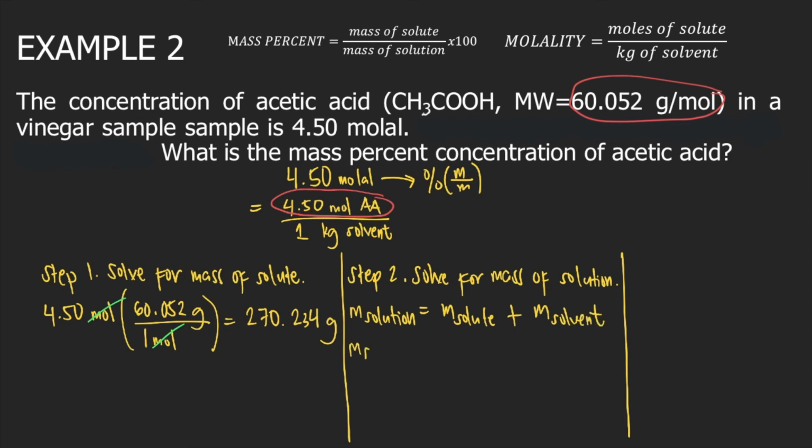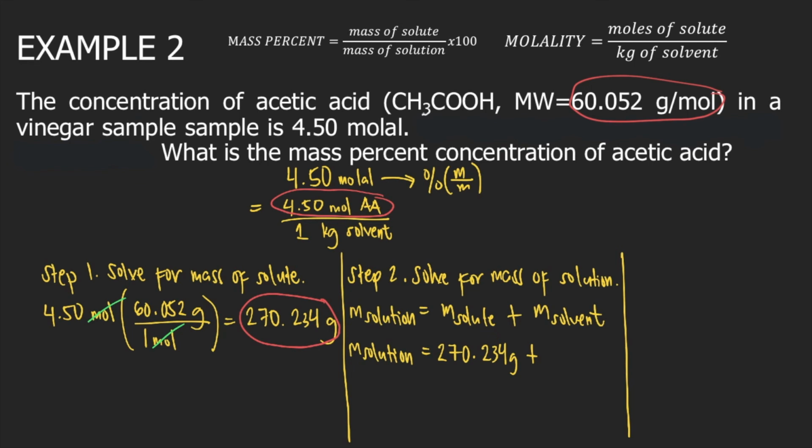So mass of solution is equal to, in step 1, we solved the mass of the solute, which is 270.234 grams, plus the mass of solvent.